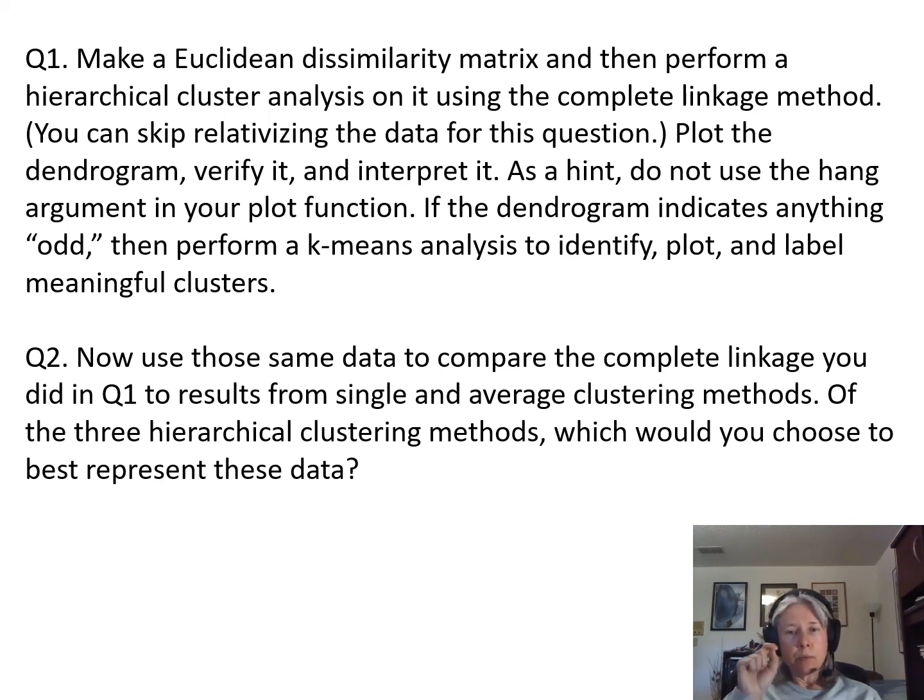After you do that, you're going to use those same data to compare the complete linkage method to single linkage and average linkage methods. You want to see whether these 3 methods converge, and if not, which seem to best represent the raw data.